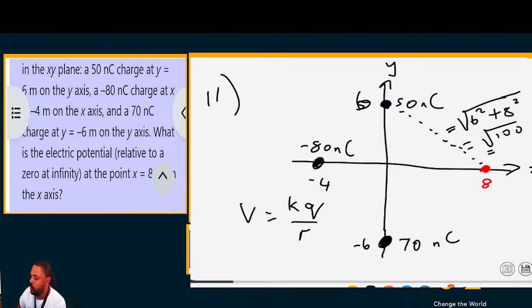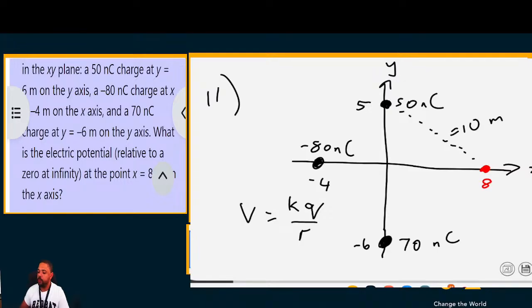So 10 is the distance between those two. So that distance is 10 meters. Now the distance between this charge, the 80 nanocoulomb charge, and that point, you just simply add those distances. They are both on the x-axis, so it would be 4 plus 8, which is 12. So the distance between those two is 12 meters.